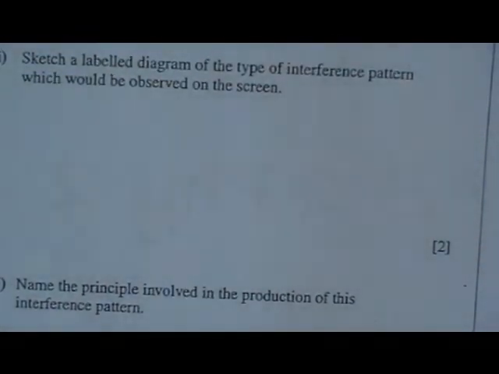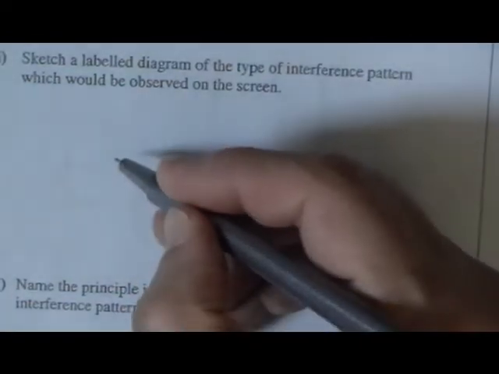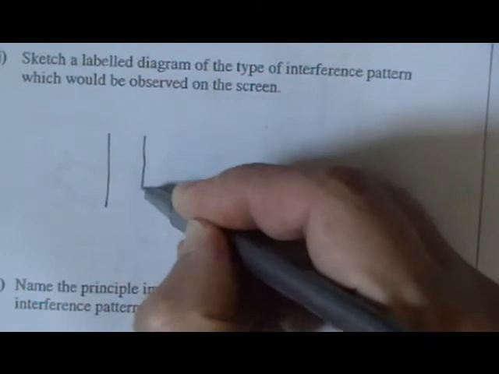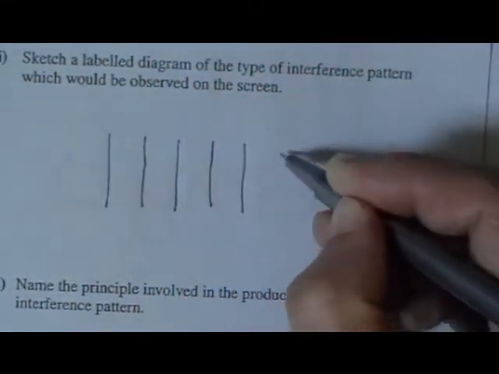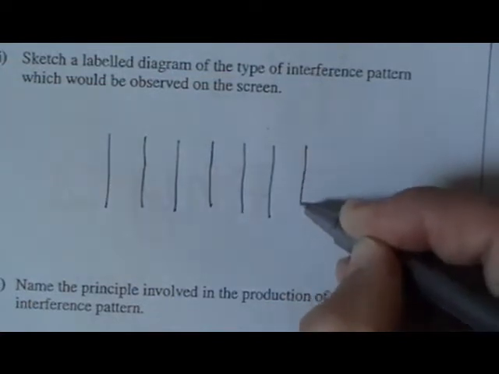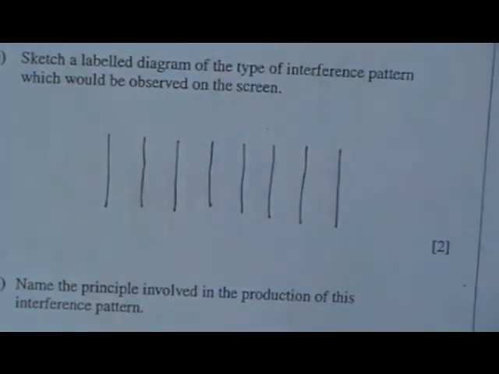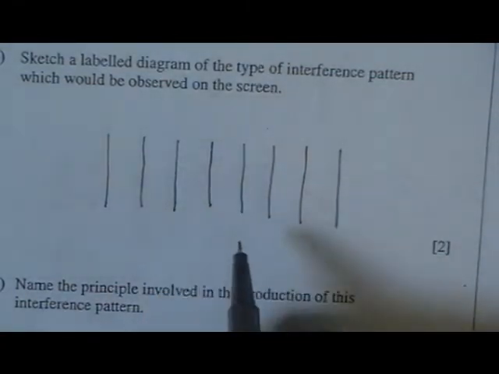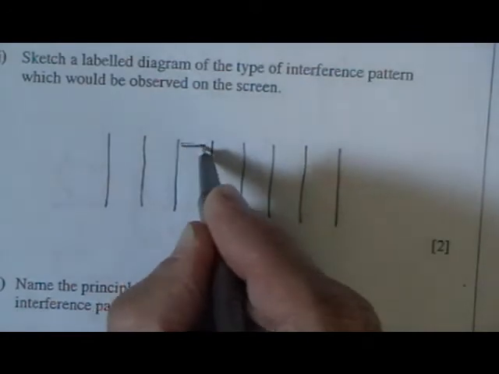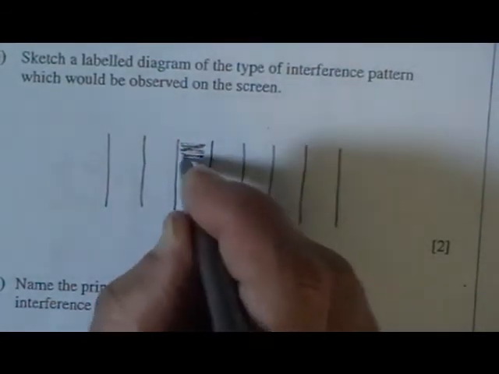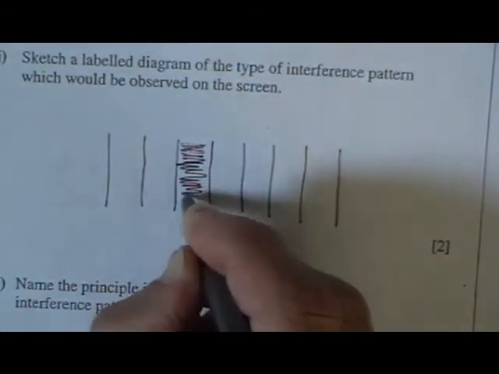That typical interference pattern would be a series of equally spaced bright and dark bands. So we know to show a series of equally spaced bright and dark bands in an examination. I would suggest that these are actually measured out, but an interference pattern has a central bright fringe, and then either side of that we're going to have a dark fringe.